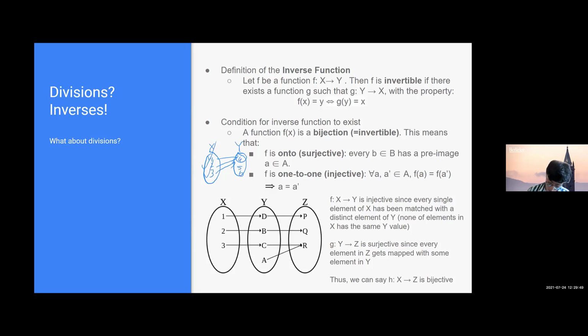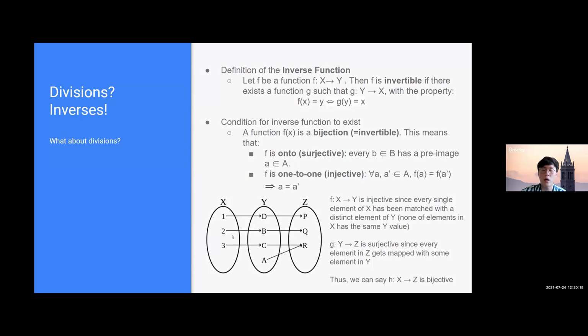So here is a good example. In the diagram below, f from x to y is injective because every single element 1, 2, 3 gets matched with a distinct element of y, d, b, c. And here the function g, defined from y to the set z, is surjective because every single element of z, p, q, r gets mapped from some element. But we cannot say g is one-to-one because c and a share the same value.